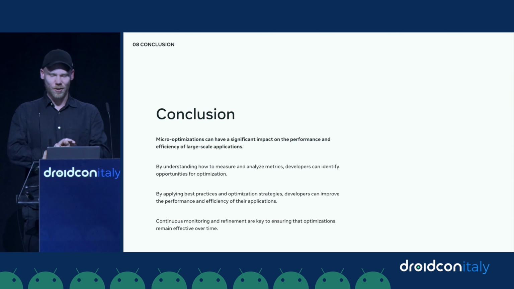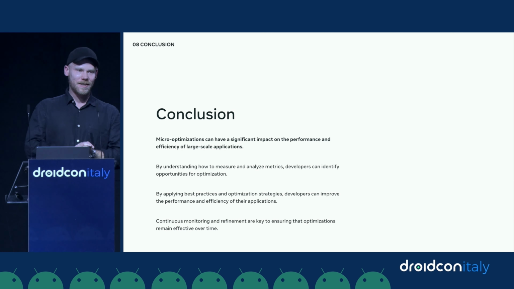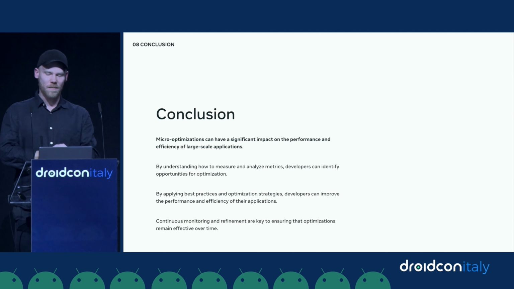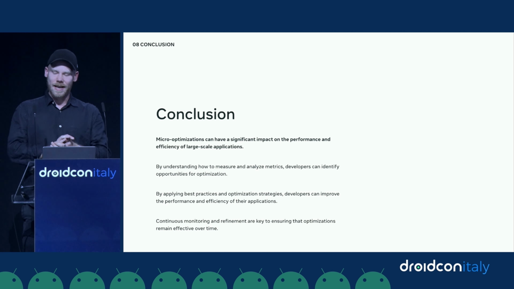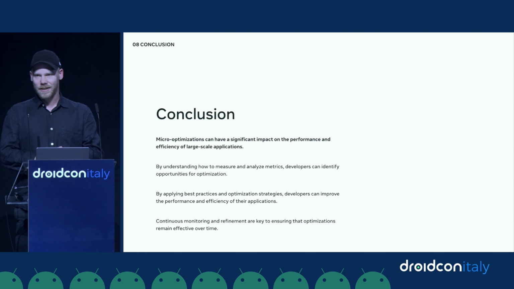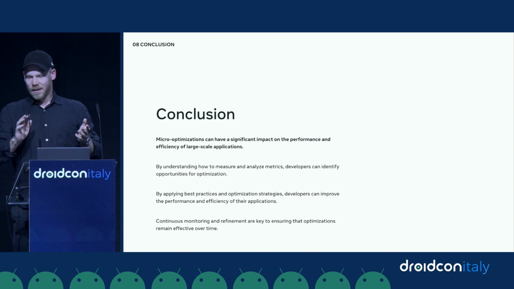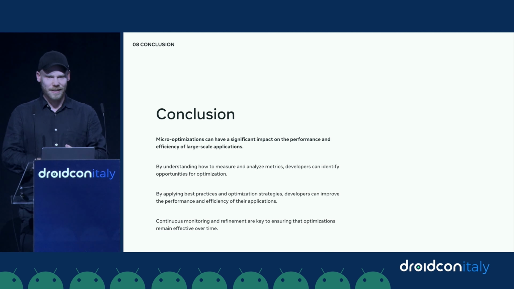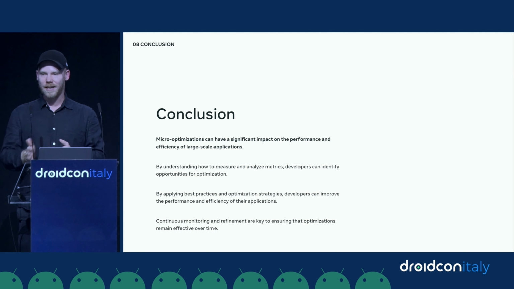And then, in conclusion, the micro-optimizations look very small, they sound small, but they can have a huge impact on application performance and efficiency, especially the larger your application gets and the broader your user base is. By understanding how to measure and analyze the metrics, we can identify opportunities for optimizations, macro and micro.